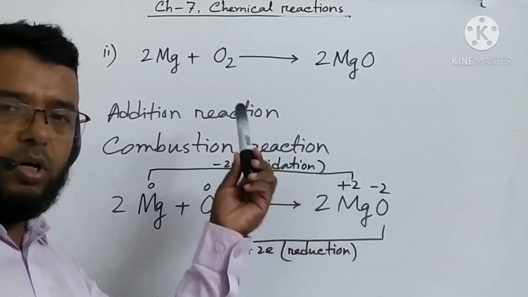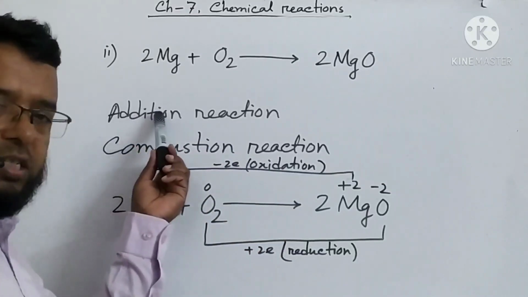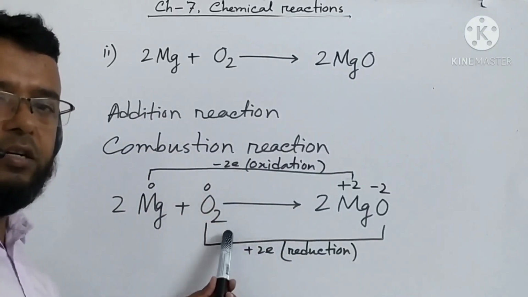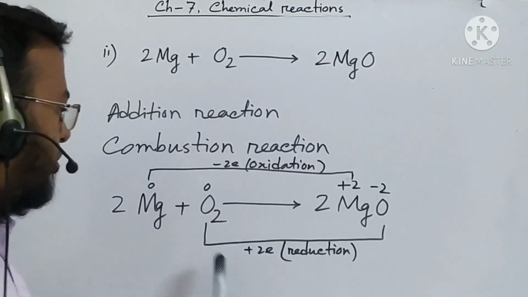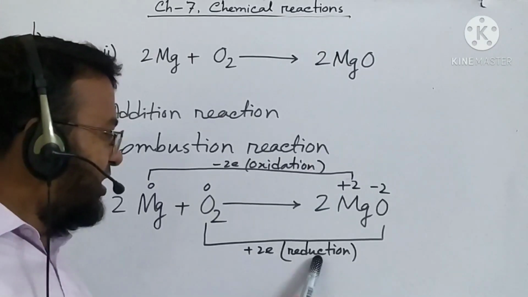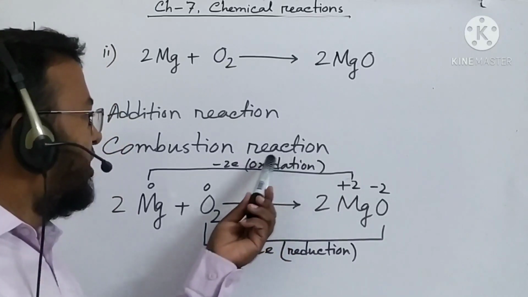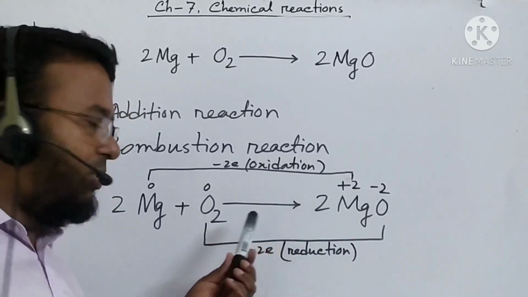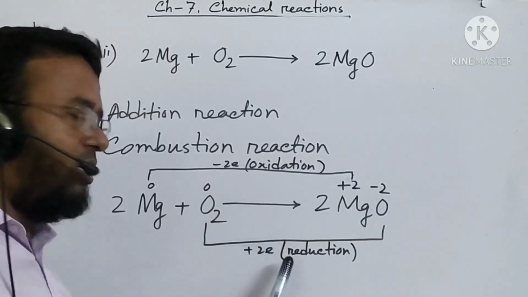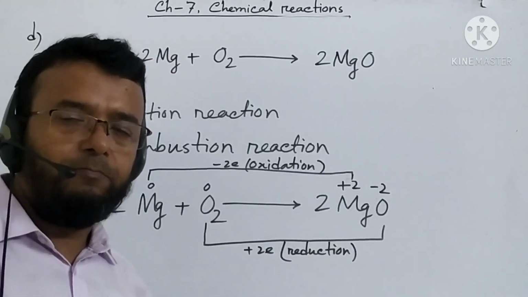So reaction number 2 supports addition reaction, combination reaction and redox reaction, or oxidation reduction reaction. Everybody knows redox means red from reduction and ox from oxidation. That means in one reaction there is oxidation and also reduction. Okay.